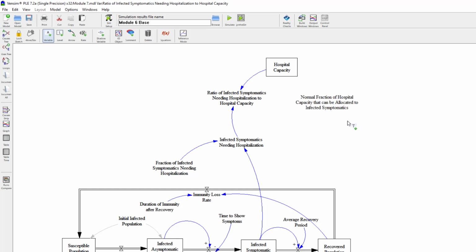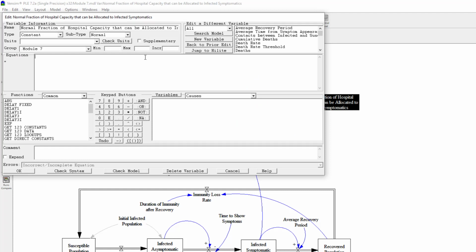So we're going to compare this ratio with the normal fraction. For now, let's set the value to 0.33. So we are saying about 1/3 of hospital capacity can be comfortably allocated to COVID-19 patients without putting much strain on the system. The unit's going to be dimensionless.